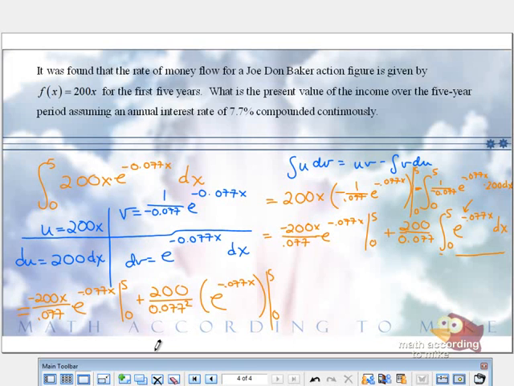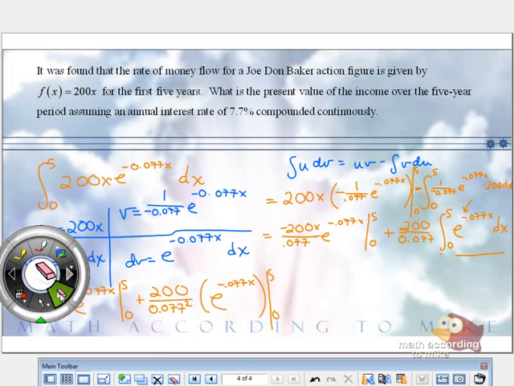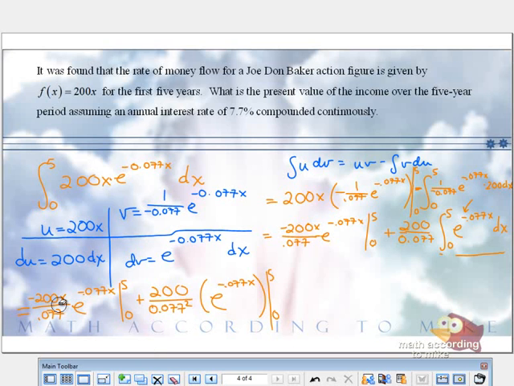There is a little bit of good news here. Since our bounds are the same for both parts, we only have to do it once instead of twice. So you put 5 into the entire thing, subtract, put 0 into the other thing, and you get an answer.